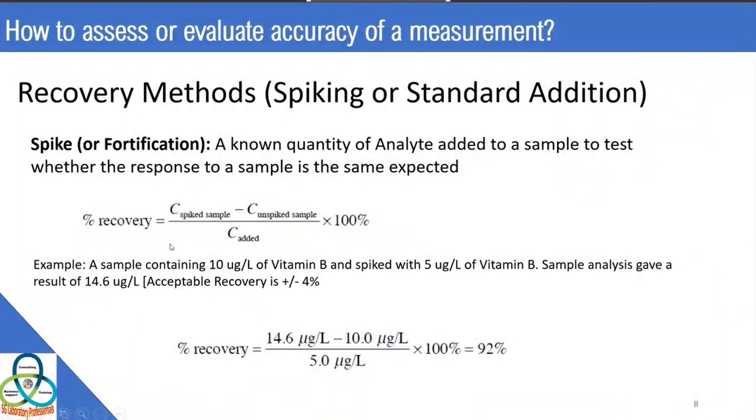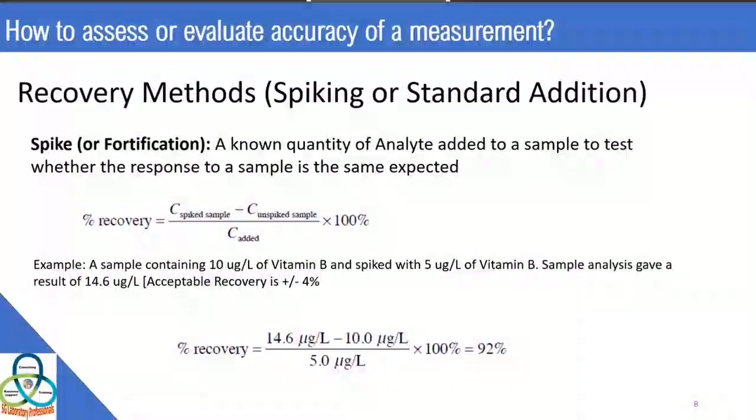For example, if you have a sample with 10 ppb of vitamin B and you spike with 5 ppb of vitamin B, then the sample analysis gives 14.6 ppb. The requirement on the recovery is plus or minus 4%.